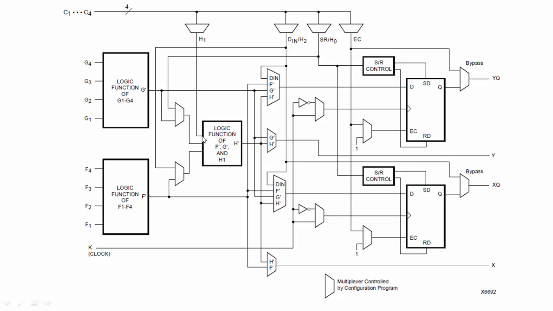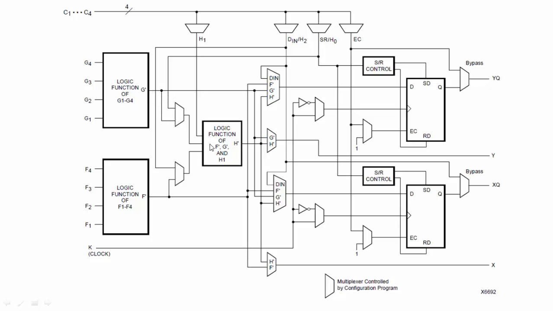Now we will move towards one more function generator, H. This function generator has 3 inputs. Now we have said that this is partially independent or fully independent. Why so? You can see the two inputs of the H function generator. There is the mux, and this mux has one of the inputs as G dash.